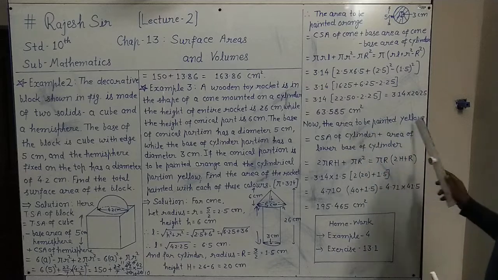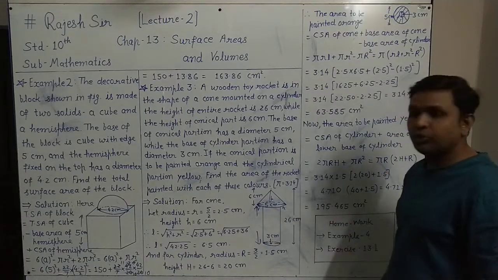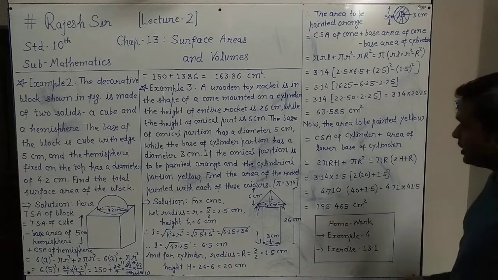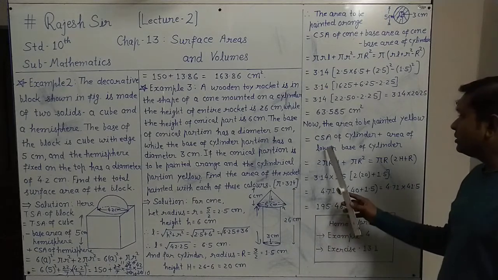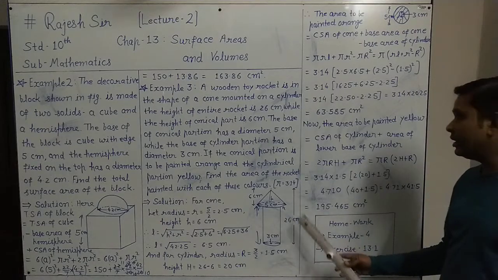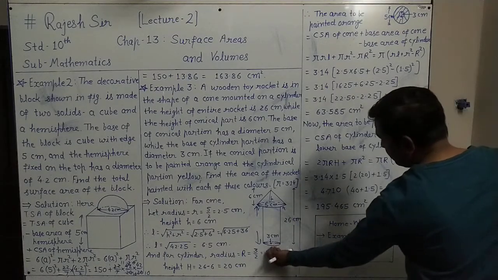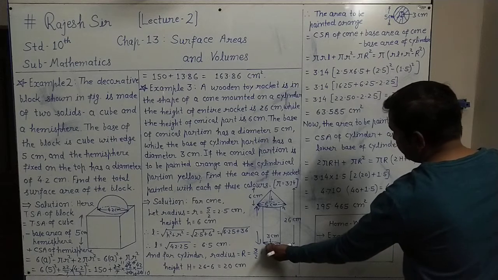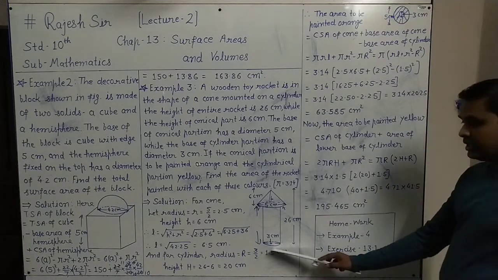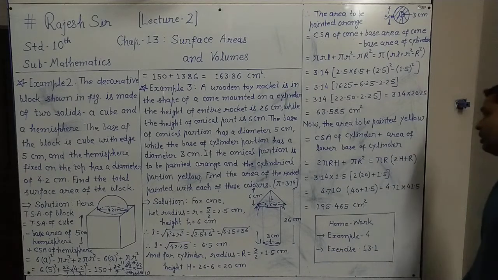Now the area to be painted yellow is the remaining portion, the cylindrical portion actually. So the CSA of the cylindrical part we have to paint yellow, and its base part also we have to paint yellow. The area of the lower base of the cylinder we have to paint yellow.